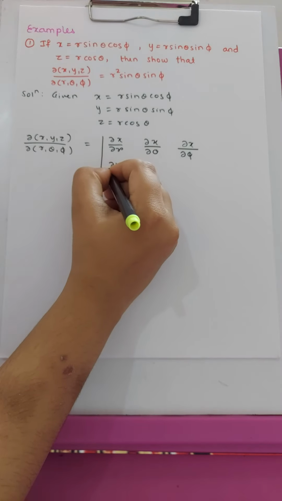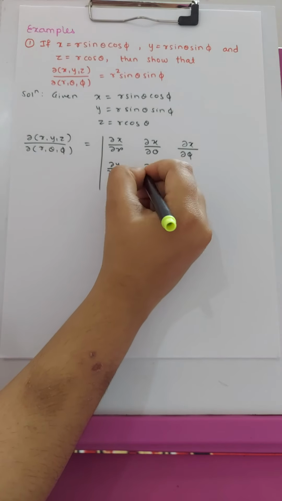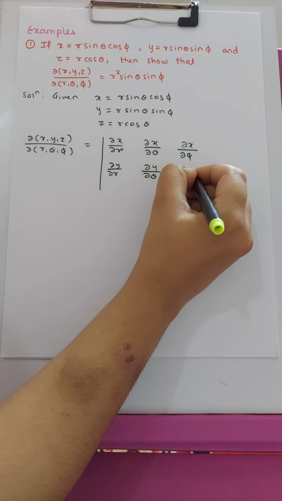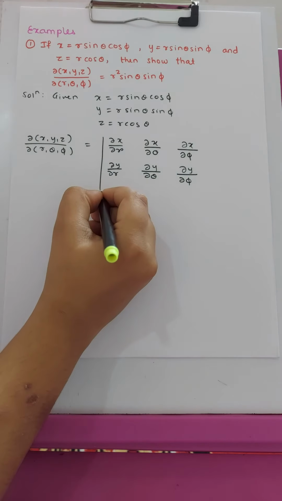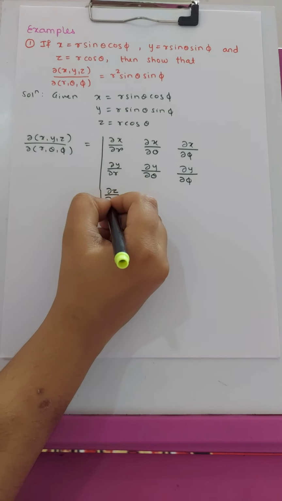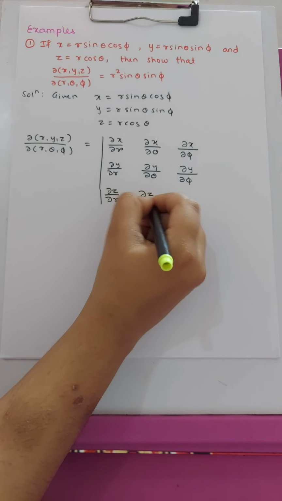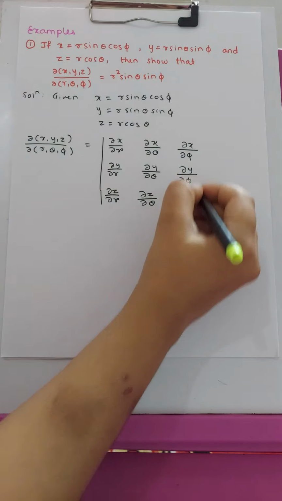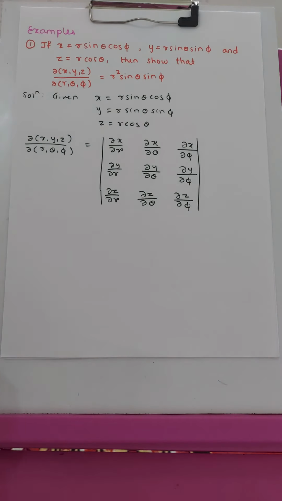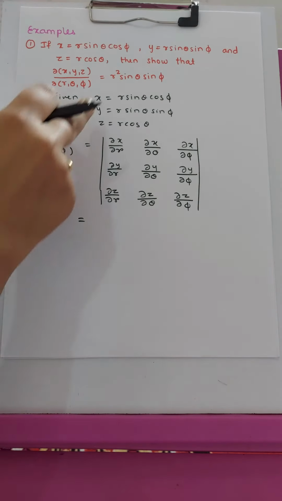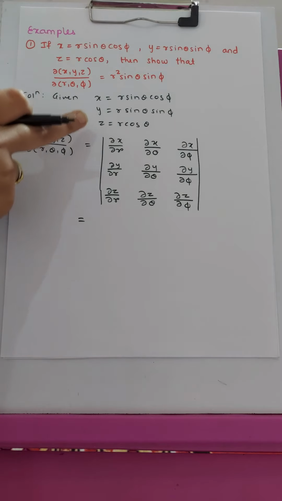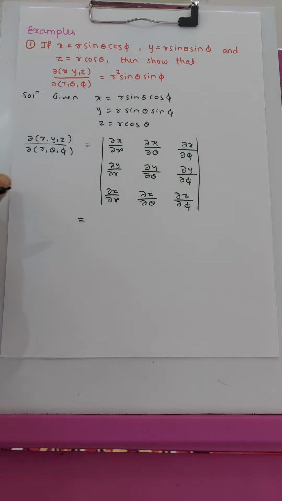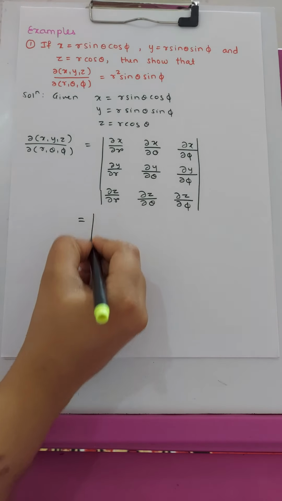Similarly, ∂y upon ∂r, ∂y upon ∂theta, ∂y upon ∂phi, and ∂z upon ∂r, ∂z upon ∂theta, and ∂z upon ∂phi. So we will take the partial derivatives of x, y, z with respect to r, theta and phi.